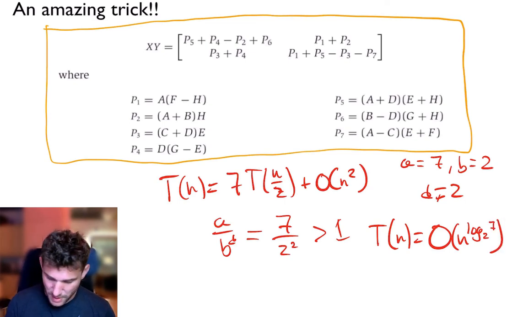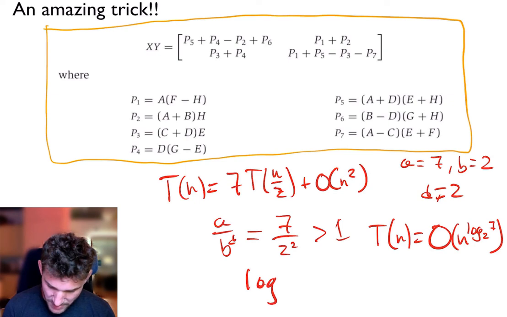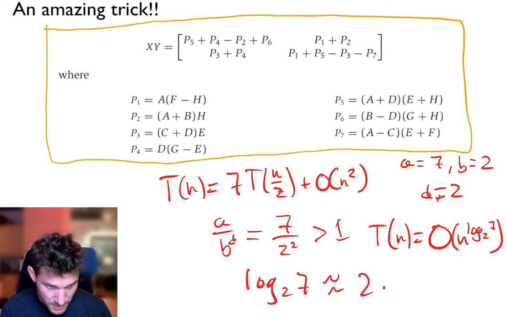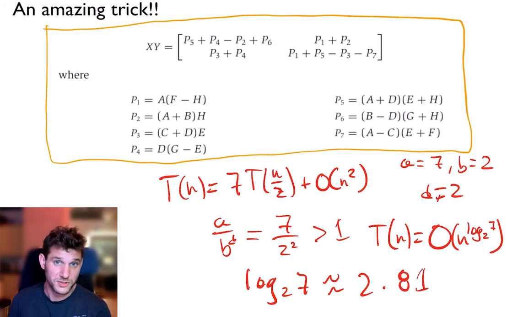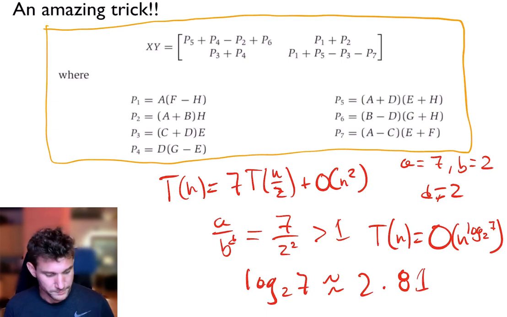And if you're curious, log base 2 of 7 is roughly 2.81. 2.81 is still smaller than 3, so we actually now have a faster algorithm. It's not on the order of n cubed, it's on the order of n to the 2.81. And that's cool.